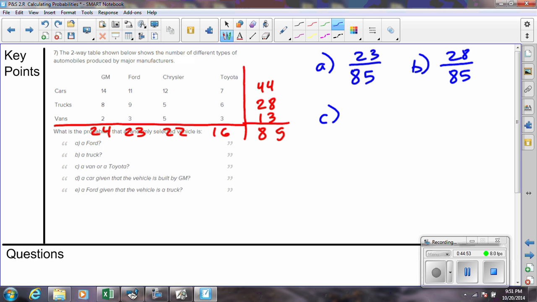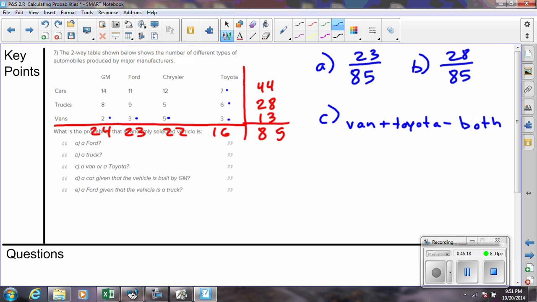What is the probability that they are a van or a Toyota? Well, van, van, van, van, Toyota, Toyota. We could add up all of those numbers, and if we added them all up, we would get our successes. Or we could take van plus Toyota minus both.